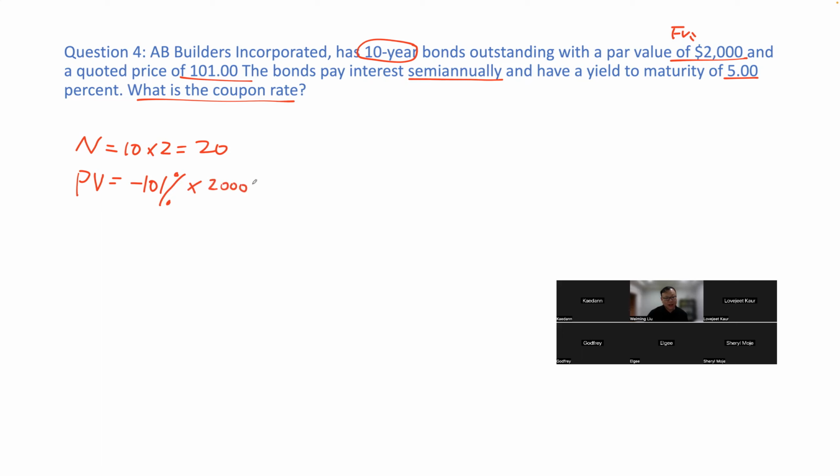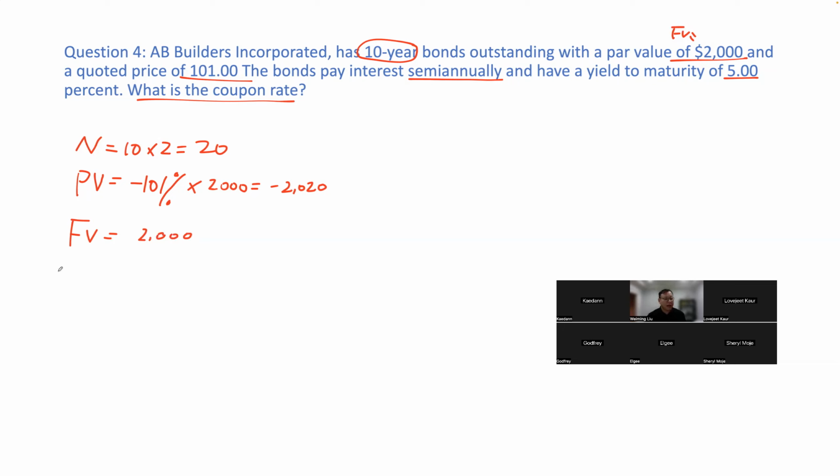Very good. So I have a negative 2020. That's my present value, how much you pay. What is the future value? 2,000, yes. And that needs to be positive.